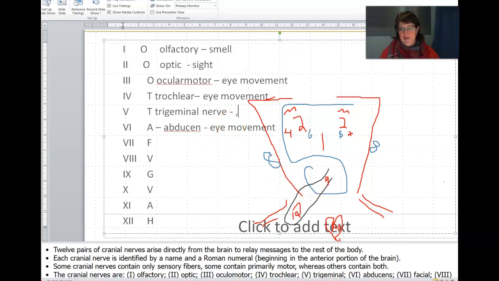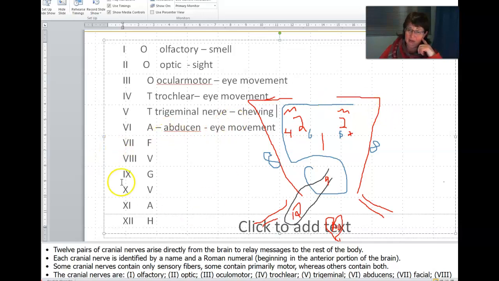Not taste, sorry, mouth movements. Chewing is the word I want. Okay. And this is a mixed one. So it's both motor and sensory. This is the nerve they're trying to dull when you go to the dentist and get a tooth done.